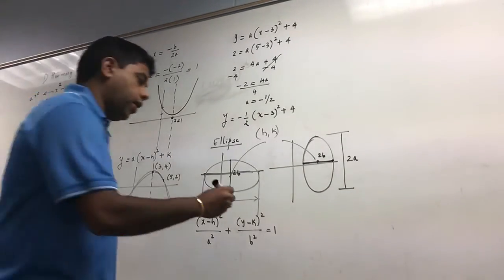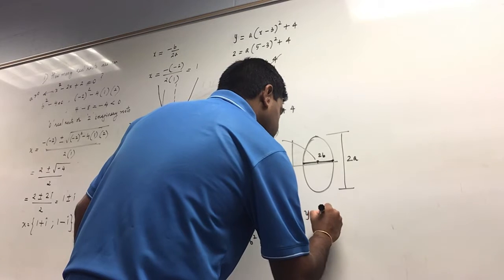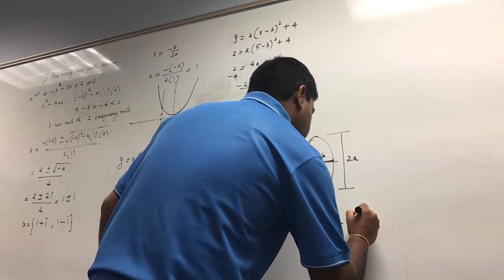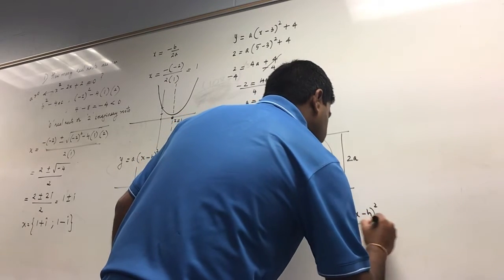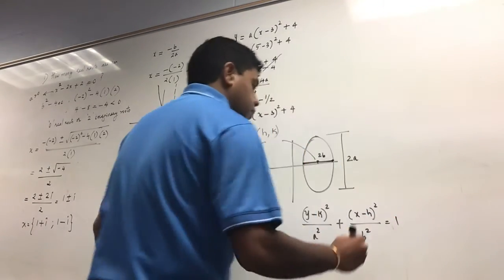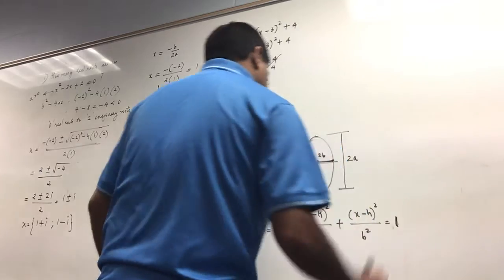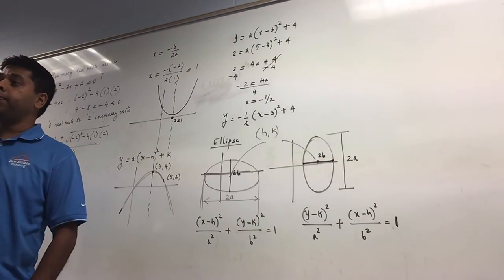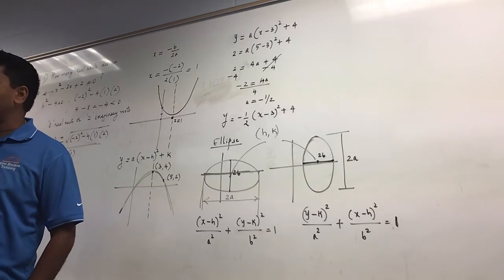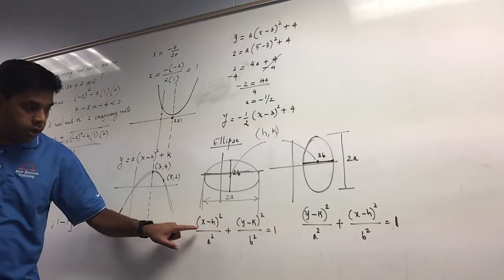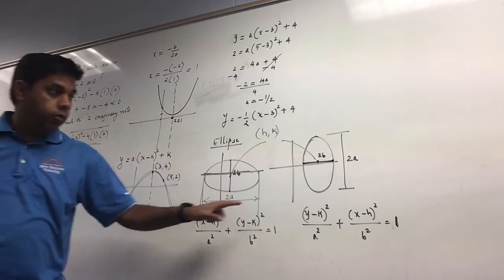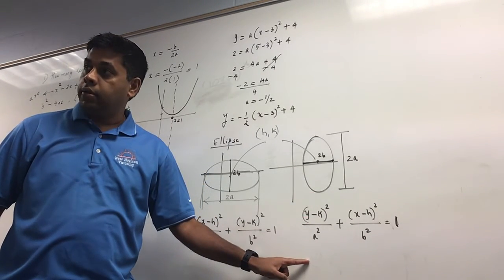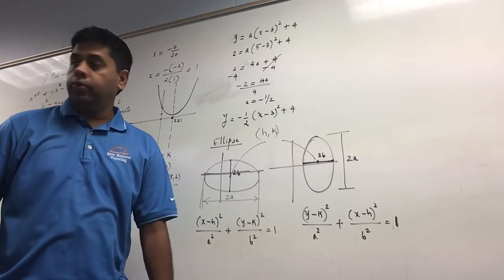And look what happens here. (y minus k) squared over a squared plus (x minus h) squared over b squared is equal to 1. See the difference? Whichever is the longer axis goes with A. Here x is longer, so it goes with x. Here y is the longer axis, so y goes with A. Make sense? Yes or no?